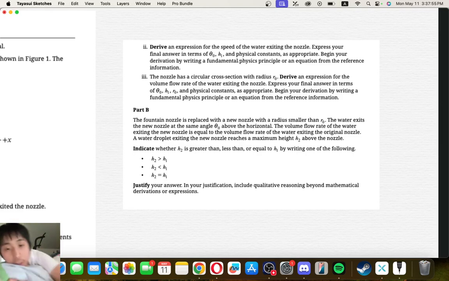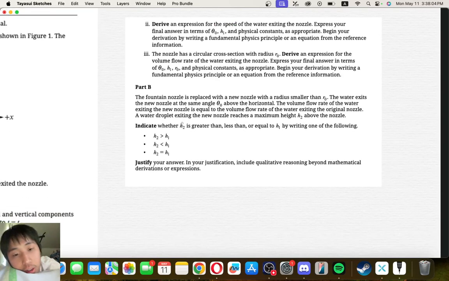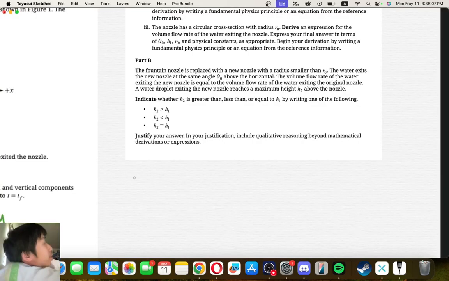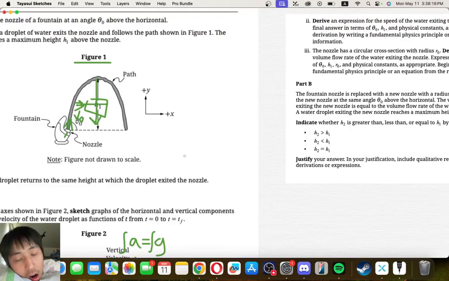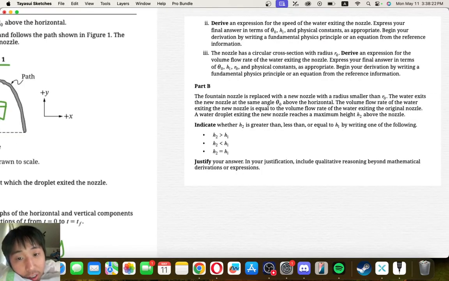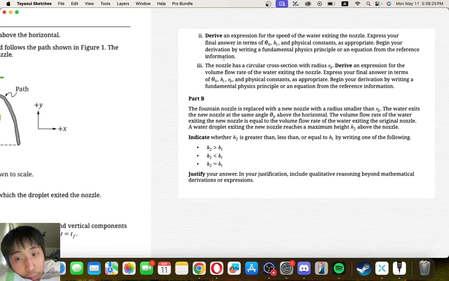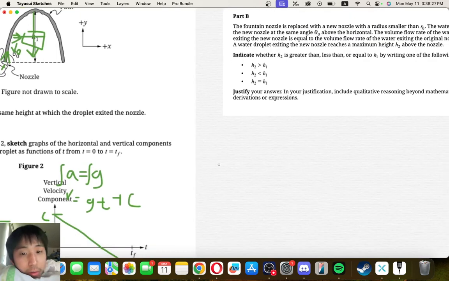So, if we want theta 0 and H1, and we want the speed, okay. So, let's get it. Okay. So, let me see what we have. Only theta 0 and H1. Let's just think about one.